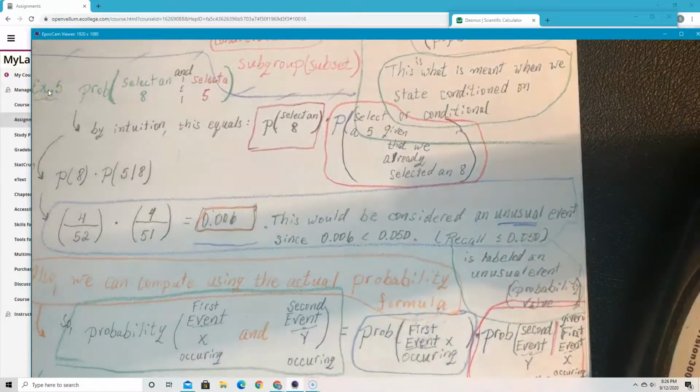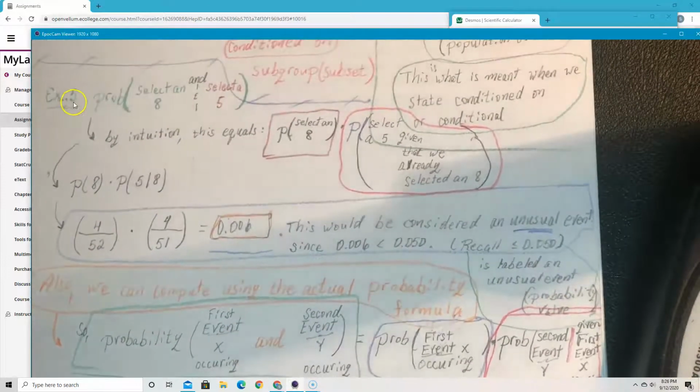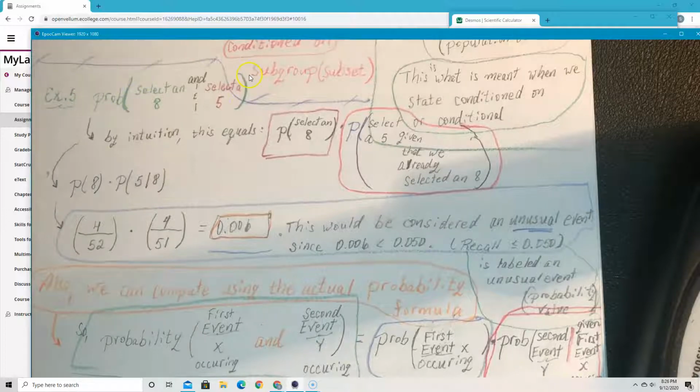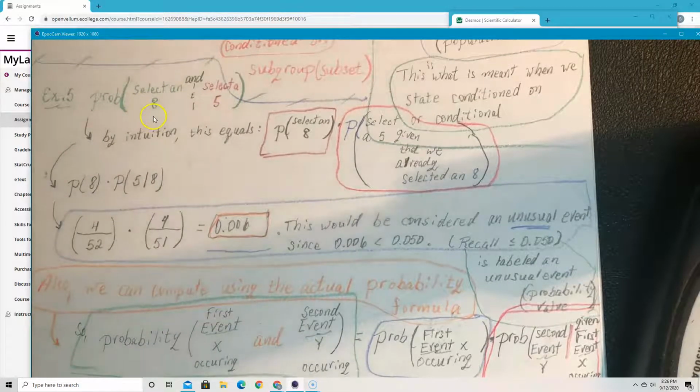So I have here number 5, the probability, PROB, open parenthesis, close parenthesis, and whatever they're asking us, we have inside. Select an 8. I'm not going to write the whole paragraph here. Select an 8 on the first card and select a 5 on the second card, knowing that after you pick the first card, you don't put it back in the deck.